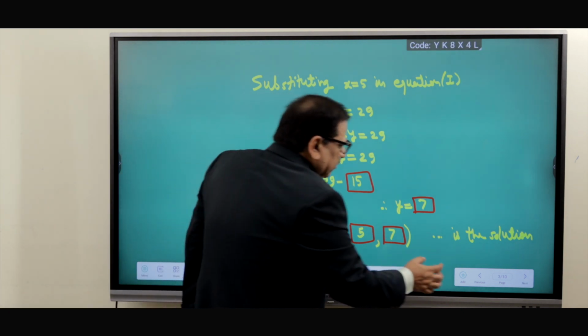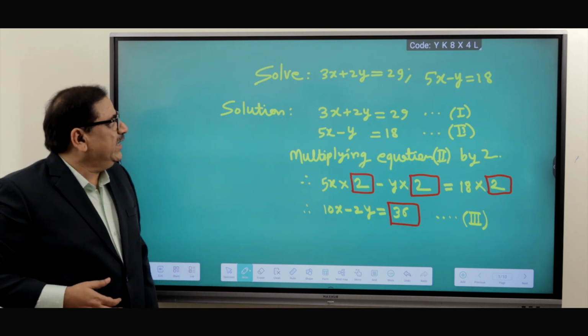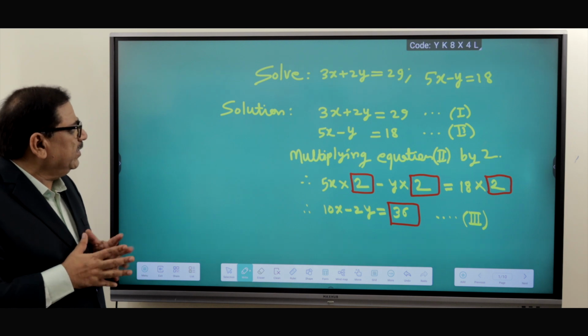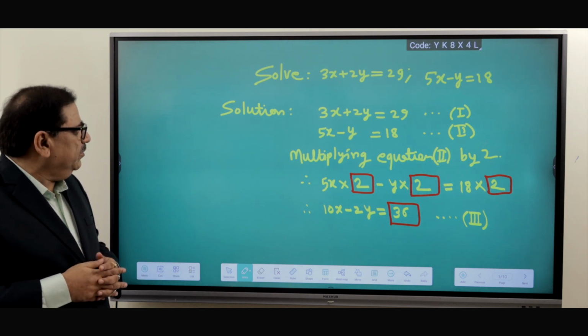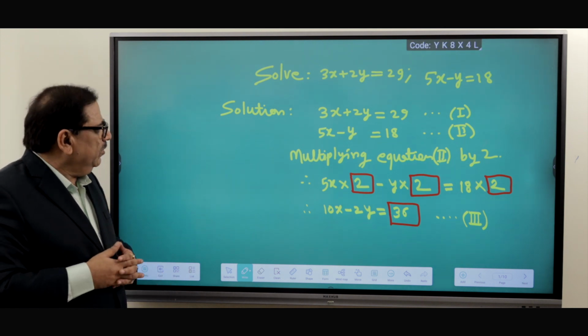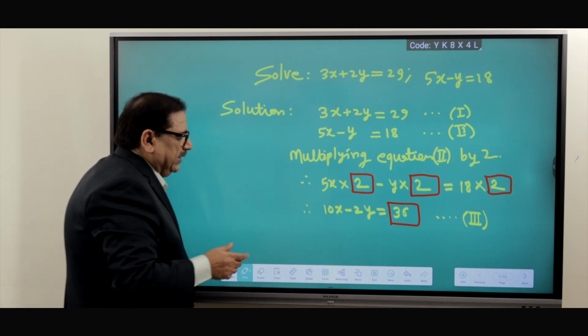So see from the beginning, two equations are 3x plus 2y is equal to 29, 5x minus y is equal to 18, equation 1, equation 2. Multiply equation 2 by 2: 5x into 2 minus y into 2 is equal to 18 into 2. So 10x minus 2y is equal to 36.